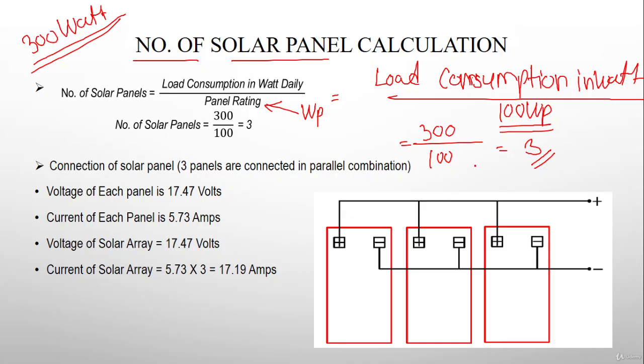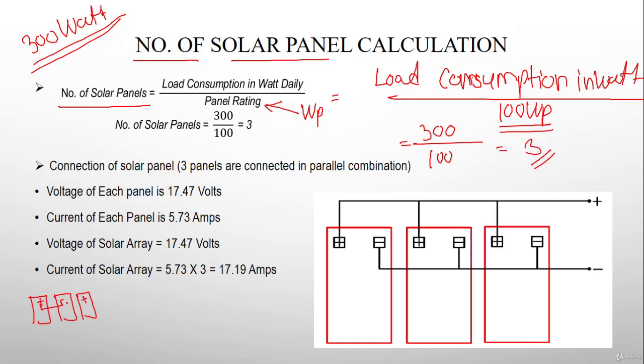So once we have decided how many panels are required, now our task is how to connect the solar panels, in series or in parallel. Before we proceed, whenever we do the panel connection in series combination, it means the negative of one is connected to the positive of the second.